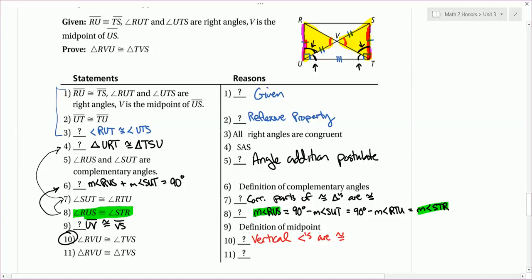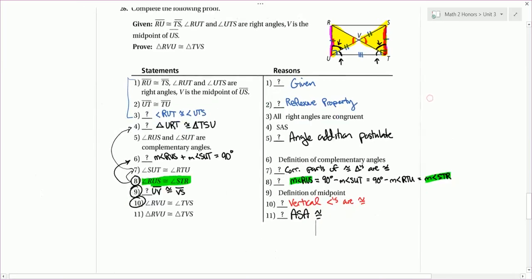We have our midpoint in 9 that gave those sides. And then 8, we've established those angles. So angle-side-angle congruence. Yay, we got through that.